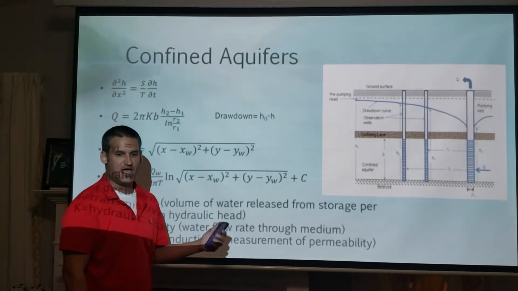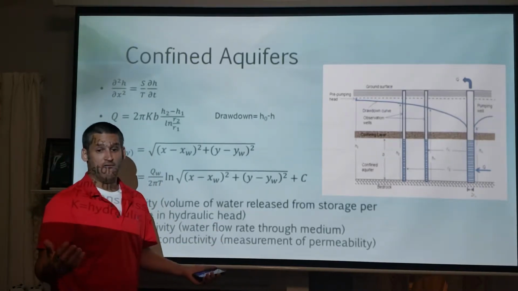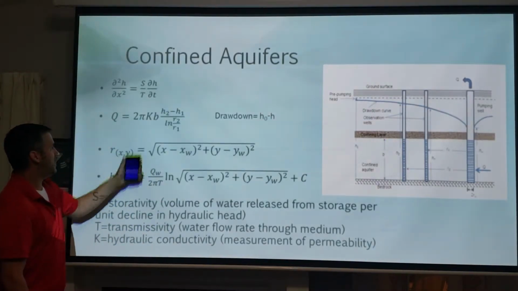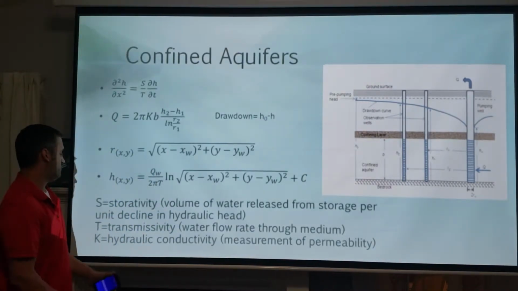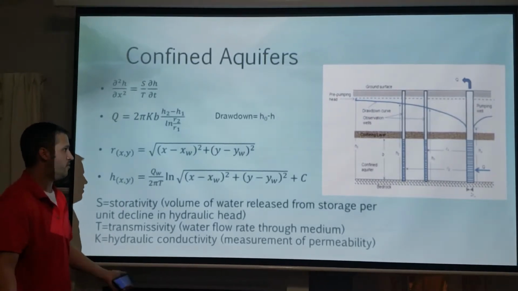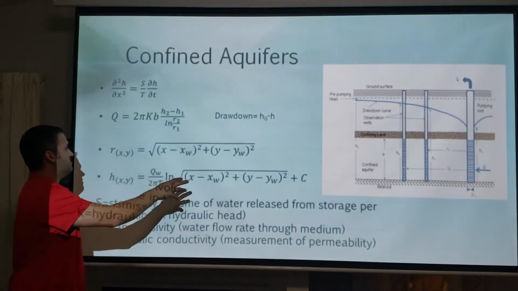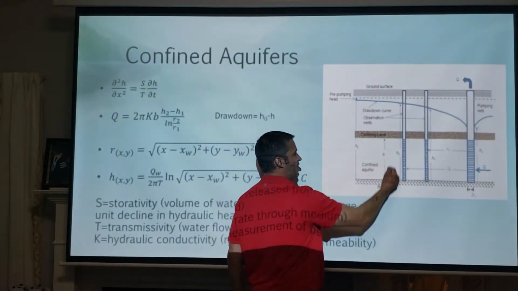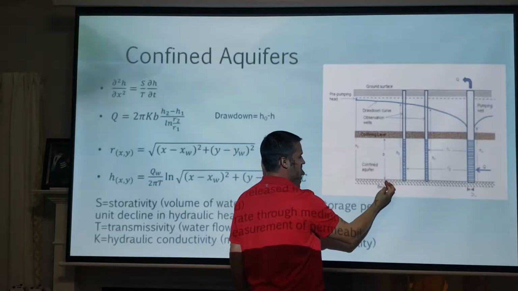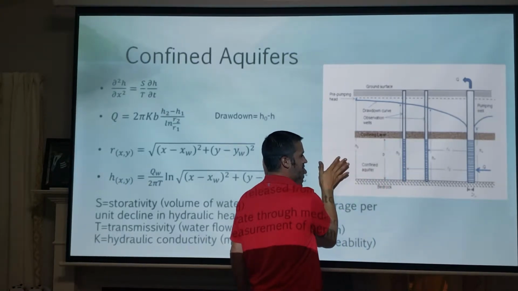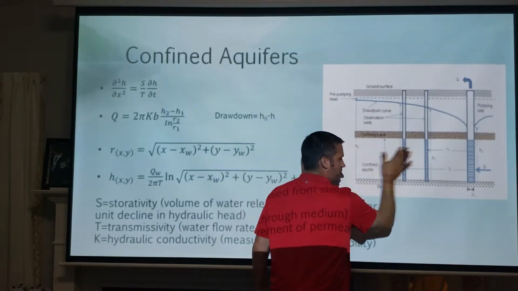And moving on, we have Darcy's equation for the confined aquifers, and that's 2 pi times Kb, where, as we've said before, K is the hydraulic conductivity, just a measurement of permeability, times b, which is the height of your aquifer. The distance from the bottom permeable layer to the upper permeable layer, which the water flows through.